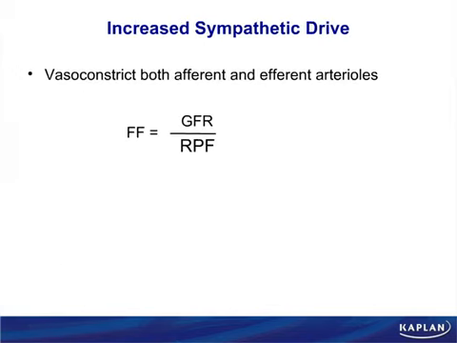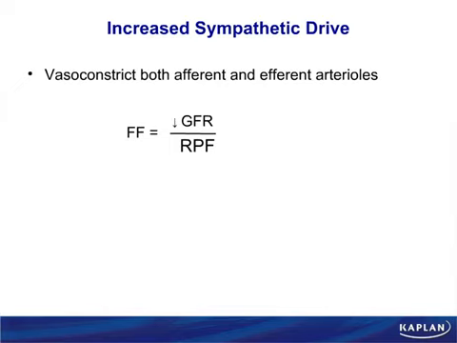Okay, so let's go back to filtration fraction. When you increase sympathetic drive to the kidneys, you vasoconstrict both afferent and efferent arterioles. So let's take a look at what happens here. GFR has to decrease. Why? Because you're vasoconstricting the afferent arterioles. So GFR has to decrease, bottom line.